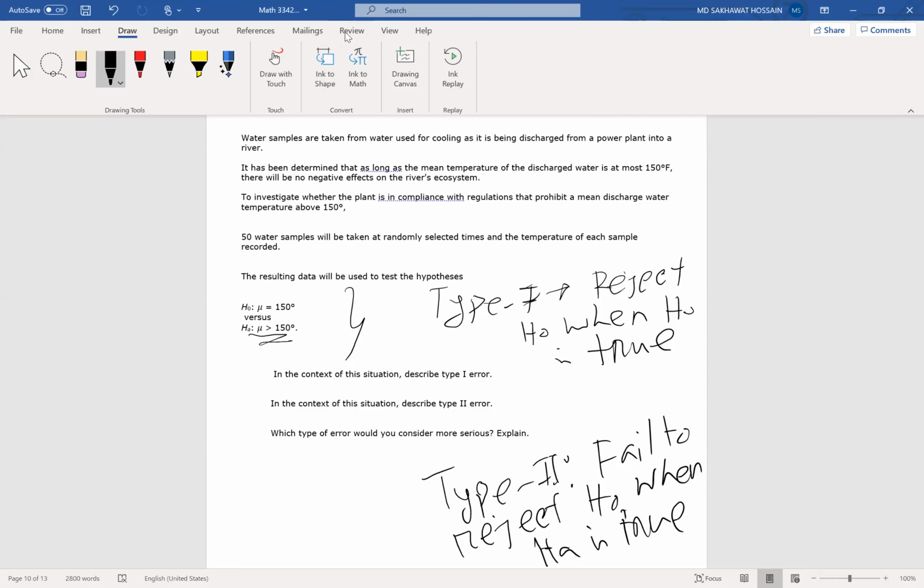If our decision is that the plant is discharging water above 150 degrees when actually the temperature of the water is above 150 degrees, is it a correct decision or any type of error?